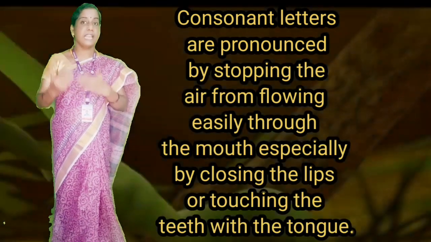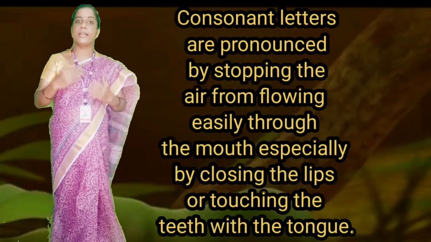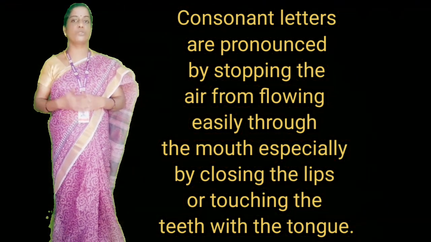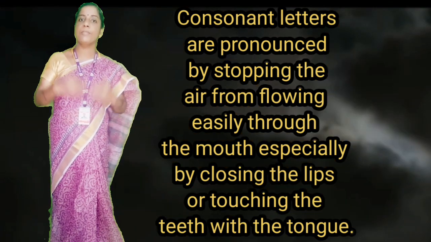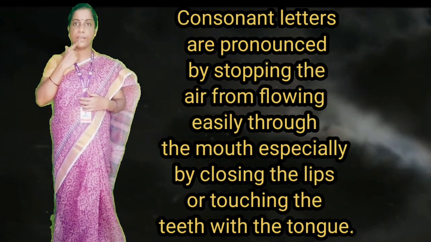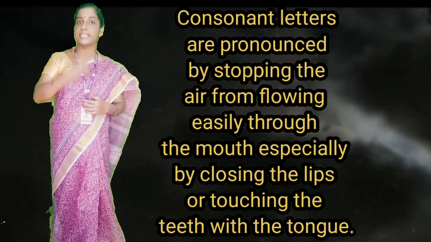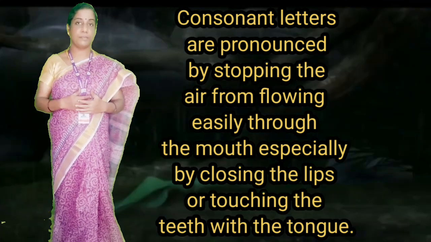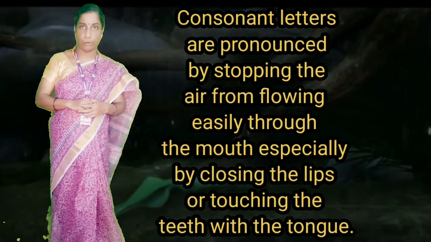These consonant letters are pronounced by stopping the air from flowing easily through the mouth, especially by closing the lips or touching the teeth with the tongue or palate, that means the roof of the mouth.